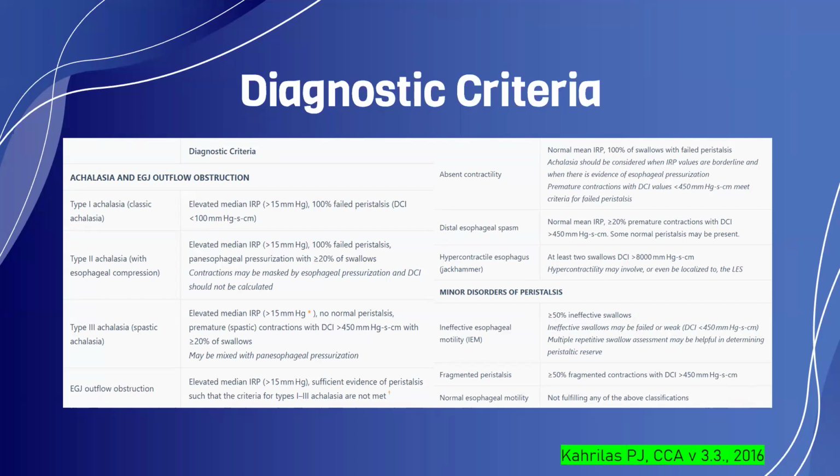And what is the problem with POEM as far as type 3 is concerned? How does POEM compare with Heller's myotomy for type 3?